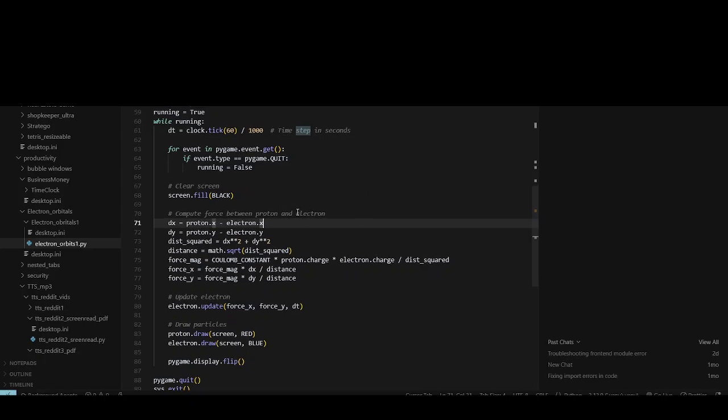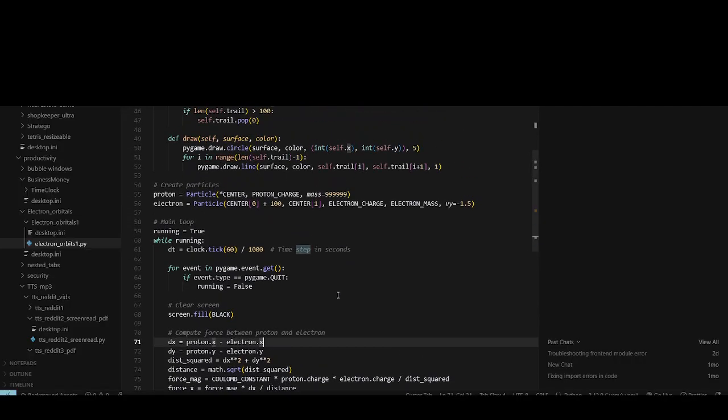Compute force between proton and electron. Oh, is the force calculated independent of time or something? Except the forces should be attractive, so why? No, so is the force dependent on time? Is the momentum independent? How is force between proton and electron? Draw particles, update.